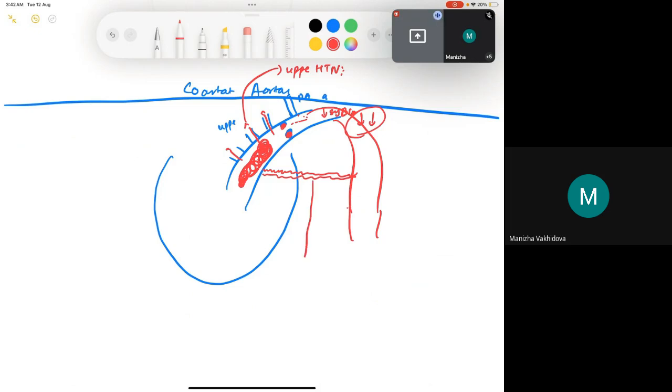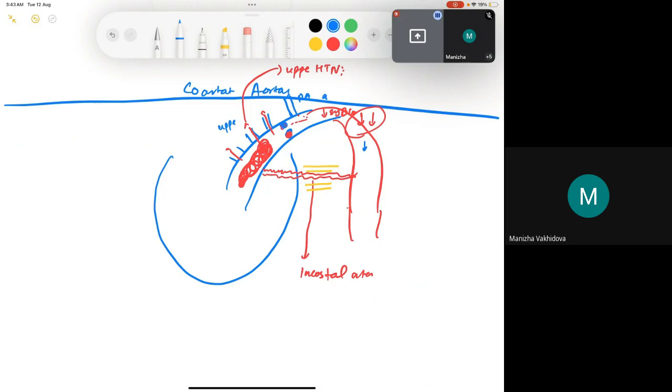So what are these collaterals? Remember, these are blood vessels. This collateral circulation is made of your intercostal arteries, and these intercostal arteries run in parallel with your ribs. Why do we have less blood in the descending aorta?